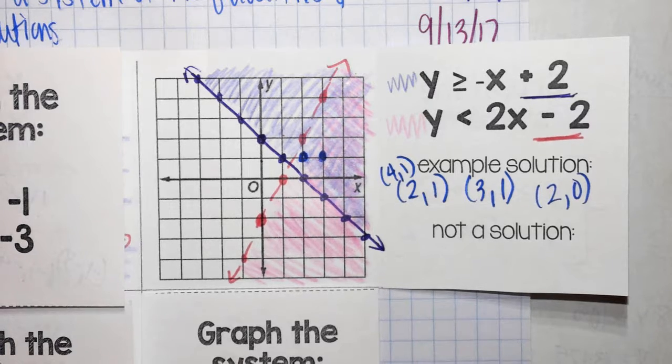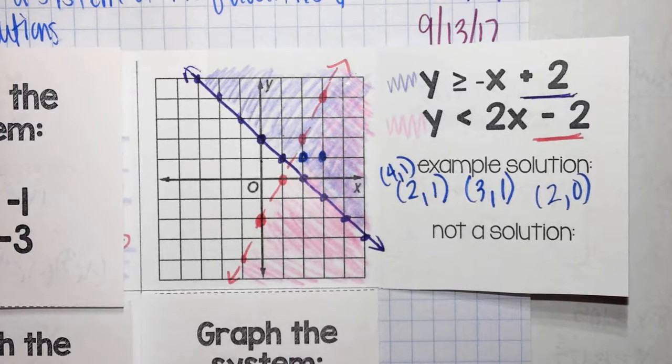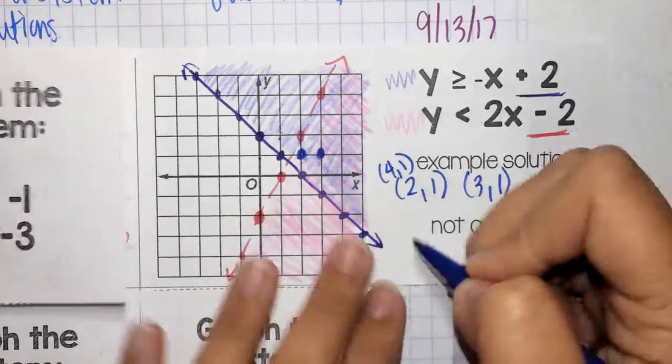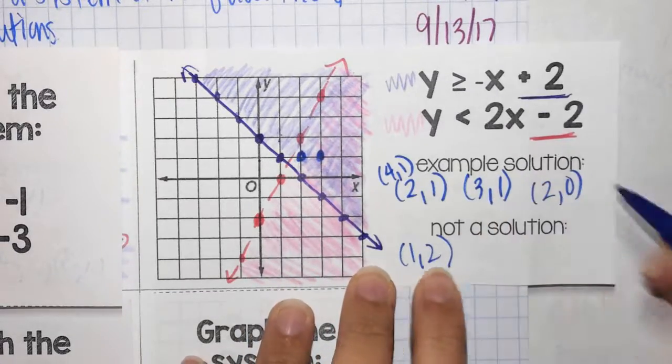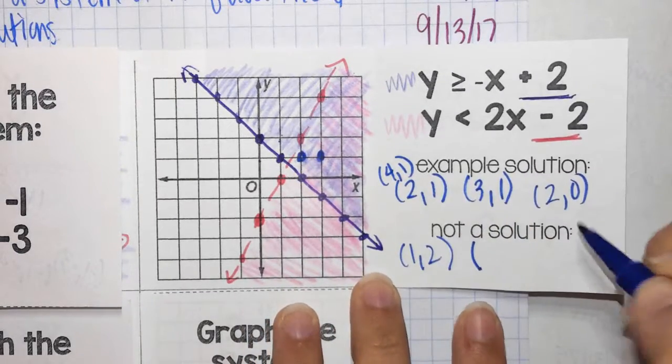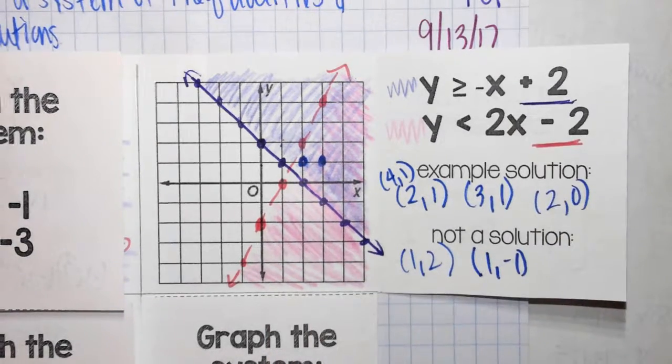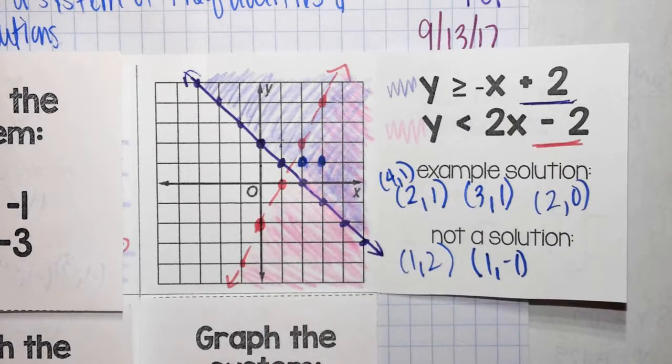No? Okay. All right, so can you tell me what's not a solution? 1, 2. Very good. That's not a solution. Take a point. Sarah? 1, negative 1. Very good. Take a point. Can you tell me one that's not a solution?